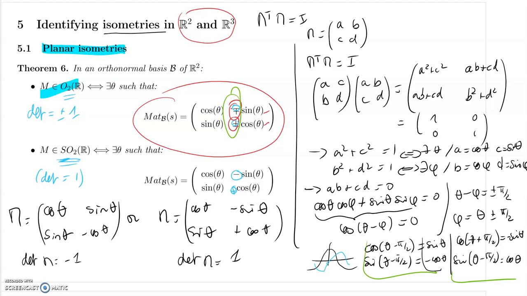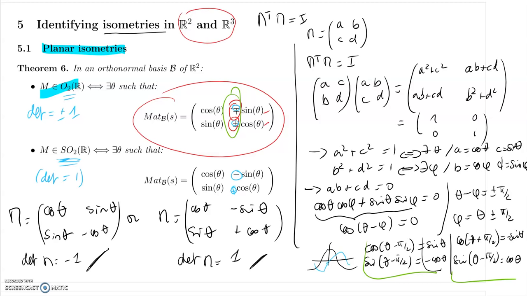If you take theta equal to 0, for instance, or theta equal to pi, that would give you the one we studied with respect to some specific line. And if I choose theta equal to 0 or pi in the other case, that would give me either the identity or minus the identity, which are also cases of isometries that we studied last time.